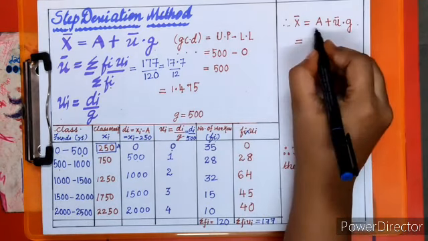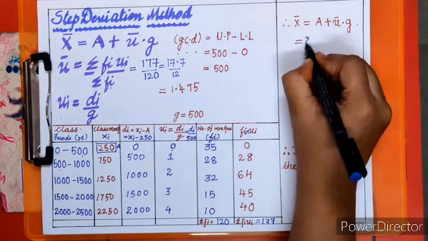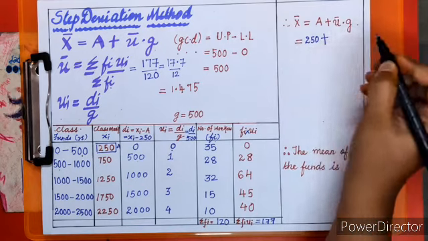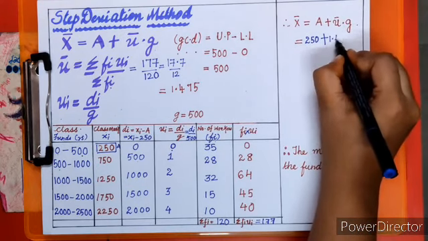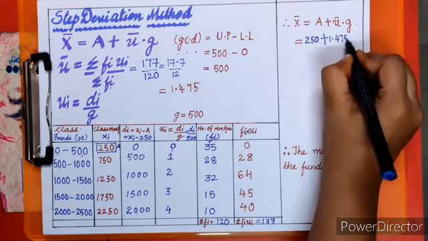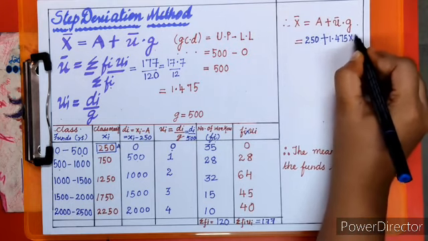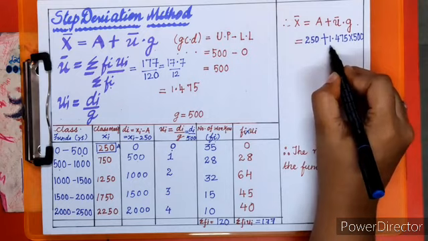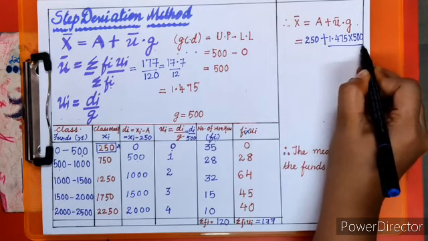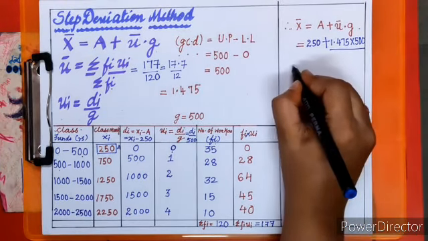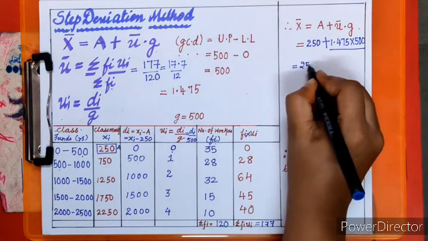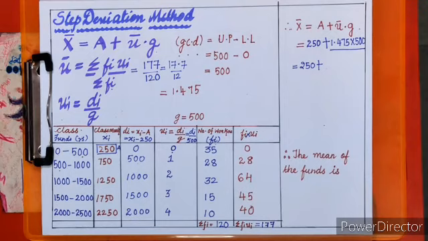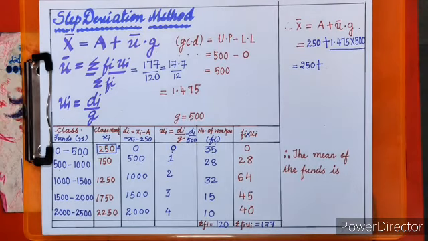So now we have all the three values, which we have to substitute in the formula. Assumed number is 250 plus your U bar, 1.475, multiplied by 500. You know the rule of BODMAS. First we have to multiply 1.475 by 500.